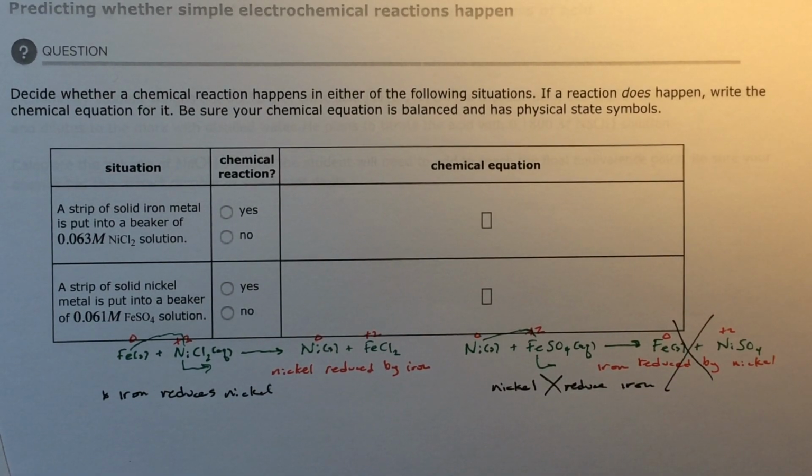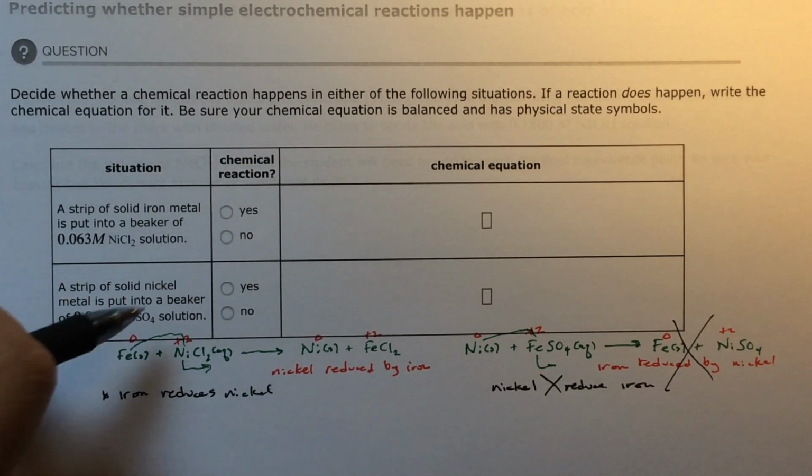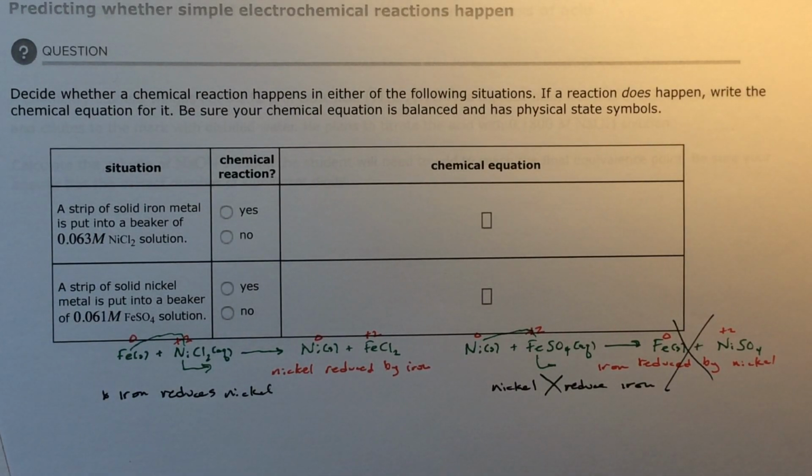It can't happen. Just because I write it down doesn't mean it does. So if I do put a strip of solid nickel metal into a beaker with iron sulfate in it, nothing would happen at all. It would just sit there. Nothing, no reaction. But if I were to put a strip of iron metal in a beaker with nickel chloride, what would happen is the nickel would start forming a metal, and the iron would start being eaten away.